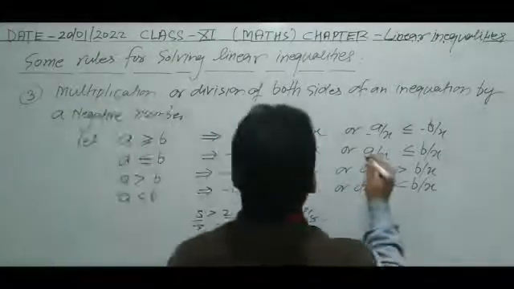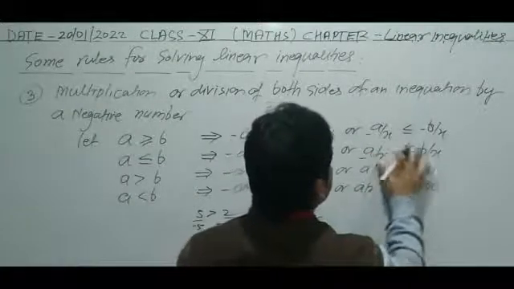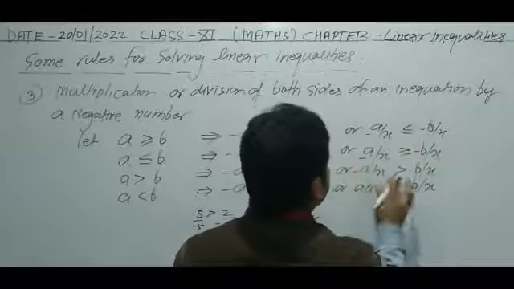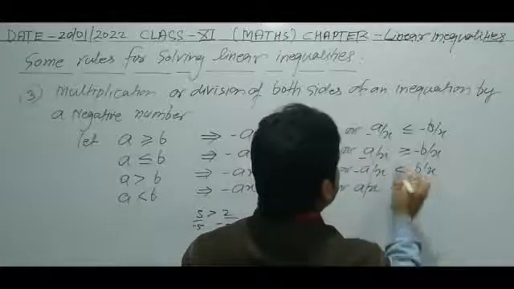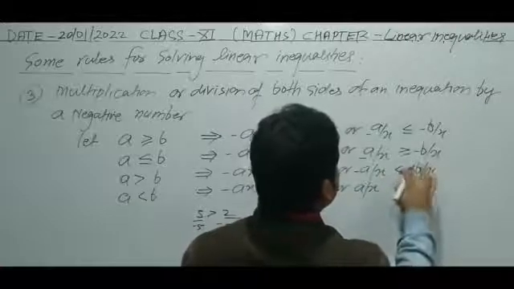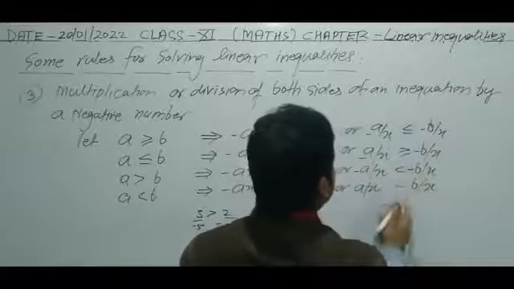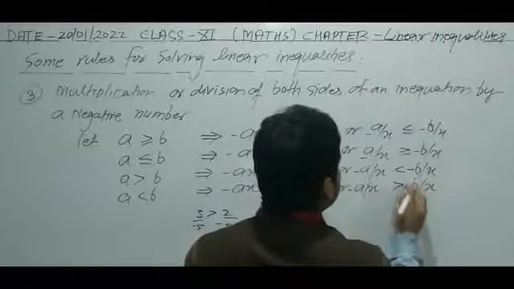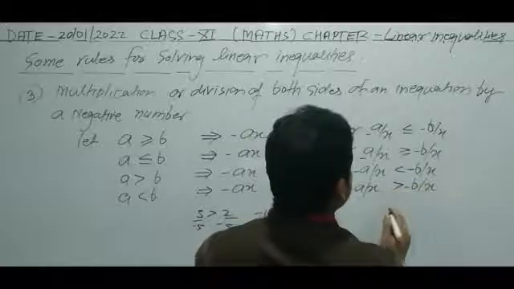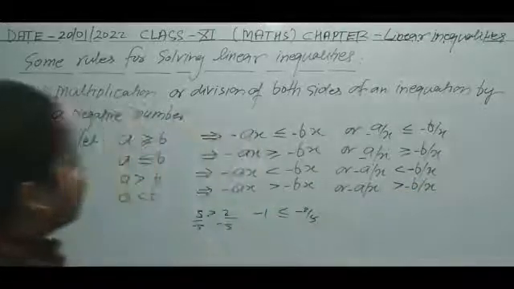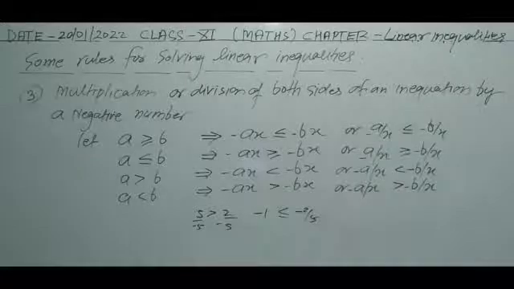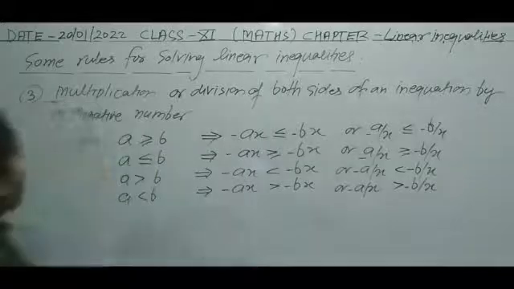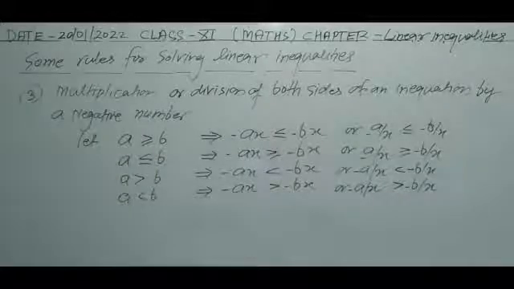Similarly, you can see minus A by X will be less or equal to minus B by X, and minus A by X is greater than minus B by X. See, so this is the third part.